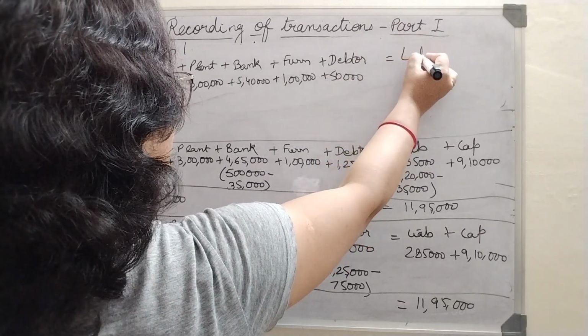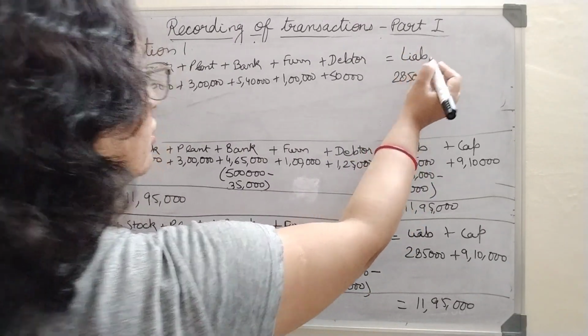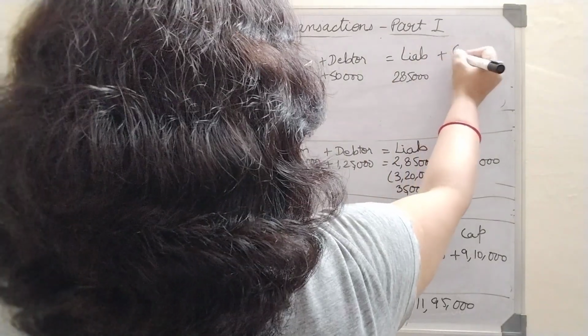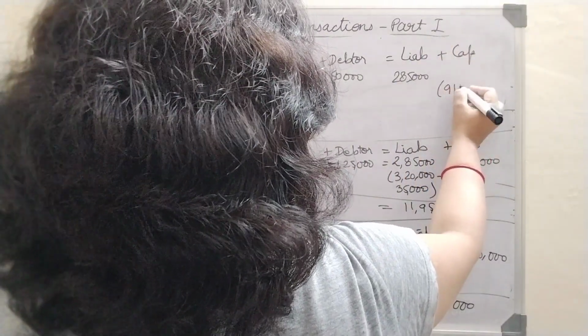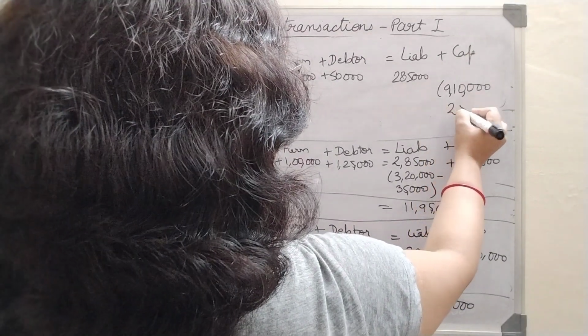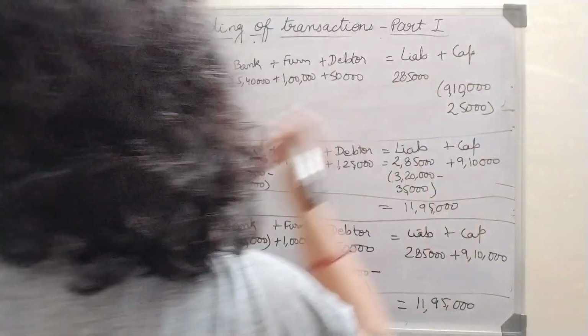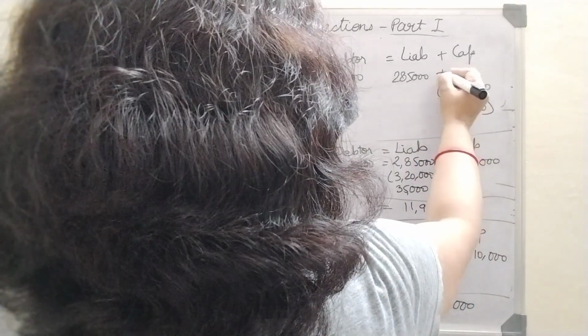Then liability 2,85,000. Now whatever I brought in business, I am taking it for my personal use. So when I am taking it for my personal use, it means it should be deducted from my capital also, because capital is my investment, right? So 9,10,000 minus 25,000, right? So when we deduct it, it comes to 8,85,000.